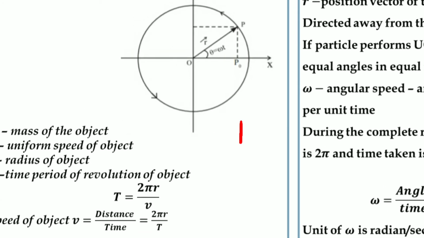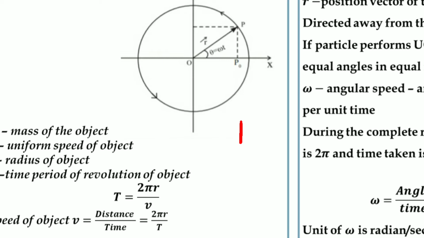What are we going to find out right now? The time period of revolution of the object. What is meant by time period? It is the time taken by the object to complete one revolution, or a circle, that is, the time taken to travel a distance of 2 pi r, which is the circumference of the circle.